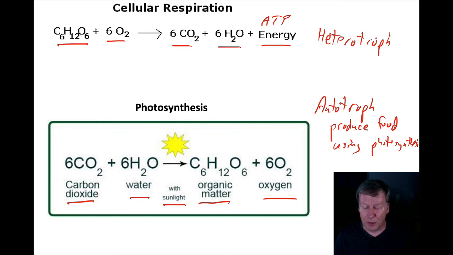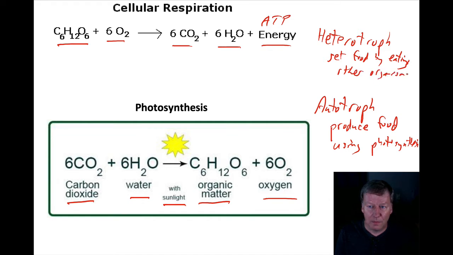Heterotrophs, on the other hand, are things like us, organisms that get their food by eating other organisms. So we are heterotrophs. The main category of autotrophs we tend to hear about are plants.